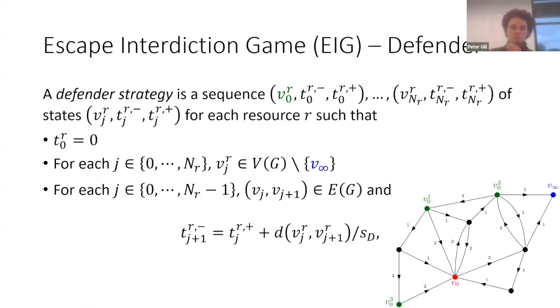So it never makes sense to travel slowly as a defender, so always an equal sign over there. But the continuous infinite strategy space comes into play here, so I'm allowing the wait time to be, in fact, some real interval that they spend at a node v_j. So always max speed there.